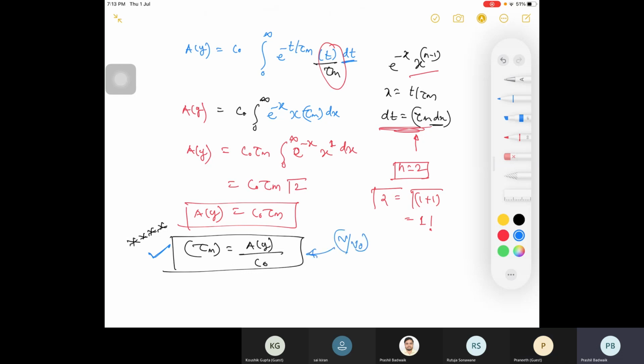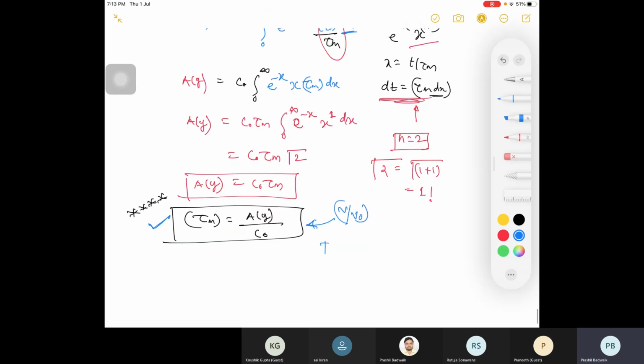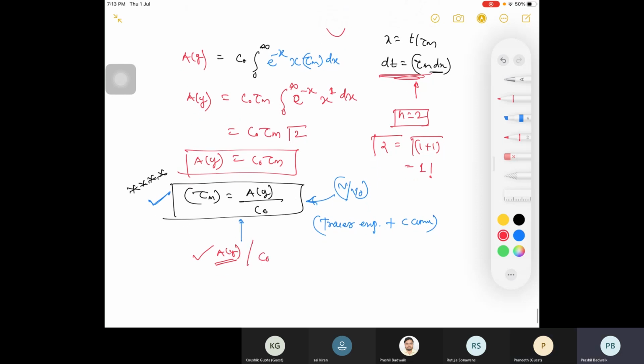But using this equation, if you are given a C curve and tracer experiment, what will you do? You will calculate your area along y-axis, right? For any curve, can you calculate area along y-axis? You can, right? And then divide by your maximum concentration, that is C naught.